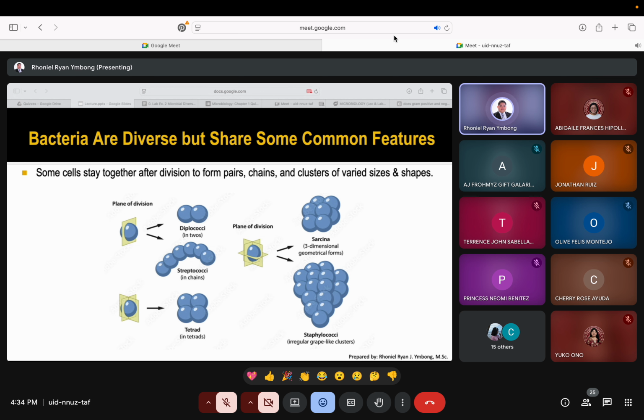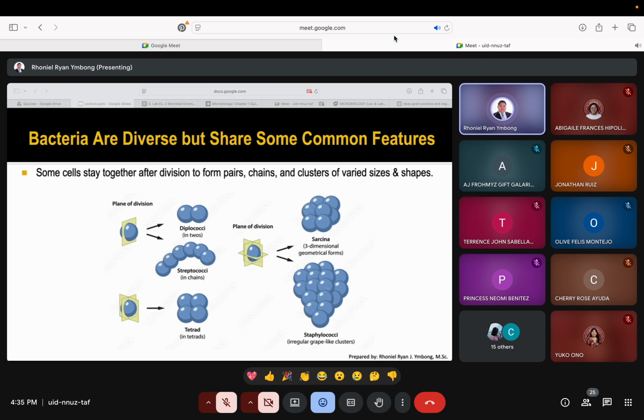Now, why do we have these different arrangements of bacterial cells? It has something to do with the plane of cellular division, as your bacterial cell divides through asexual reproduction or through binary fission. So for example, if there is only one plane of division, then that could lead to the diplococci or the streptococci type of cell arrangement, or diplococcus and streptococcus.